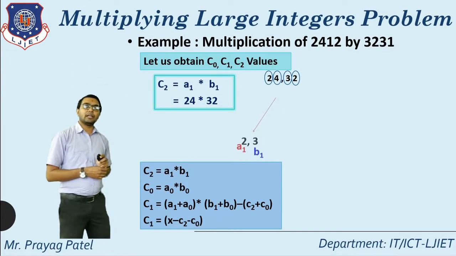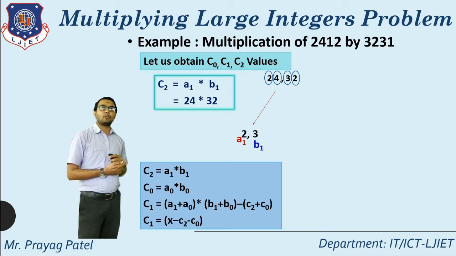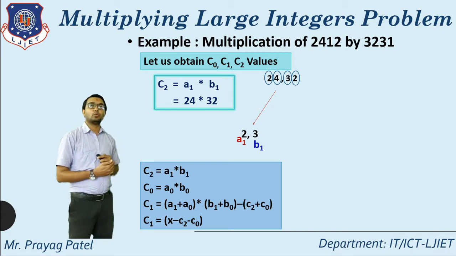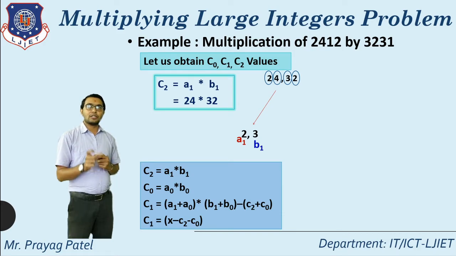Now we calculate C0, C1 and C2. First consider C2. C2 equals A1 multiply B1. In the previous slide we discussed A1 multiply B1 equals 24 multiply 32. This 24 multiply 32 is not calculated directly because it is considered a large number. So this large number, 24 multiply with 32, is divided into sub problems like A0, A1, B0, B1.